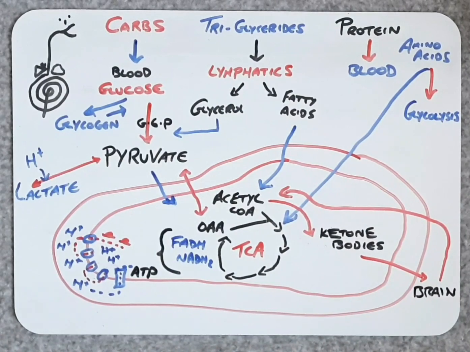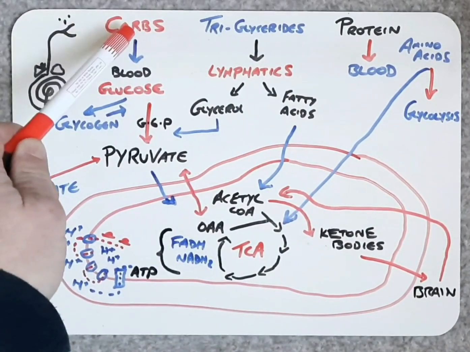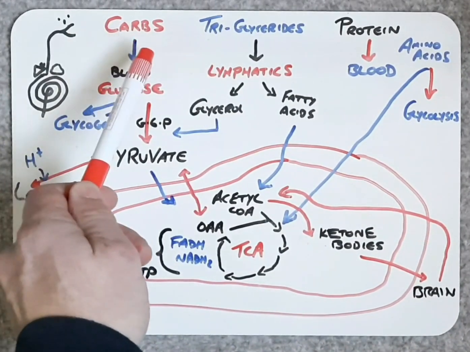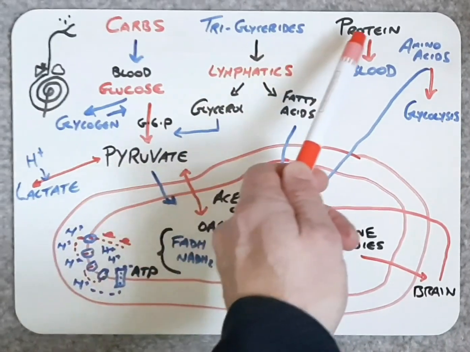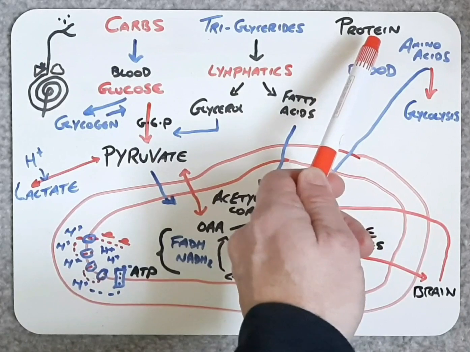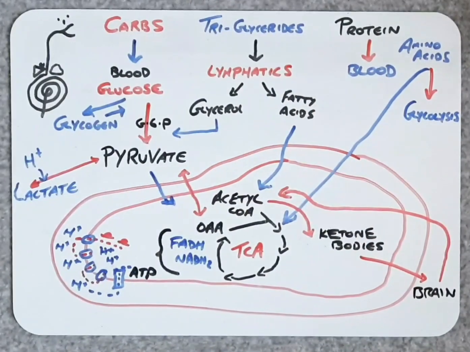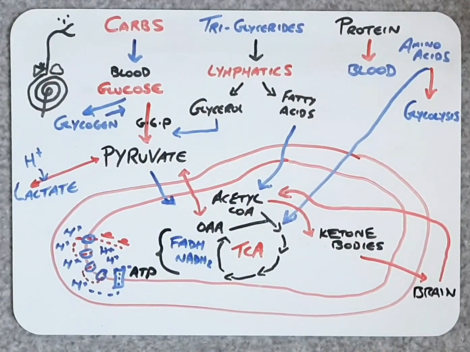So you can see here the macronutrients. We've got the carbohydrates, we've got the fats, which are triglycerides, and the proteins, which is what we eat. Each one of these macronutrients then goes through the digestive system.